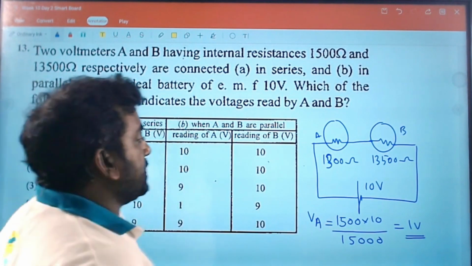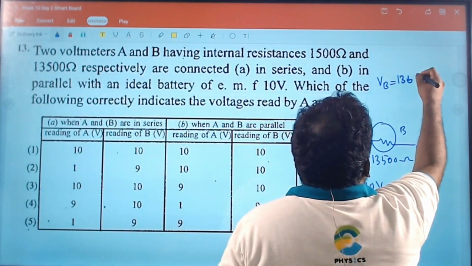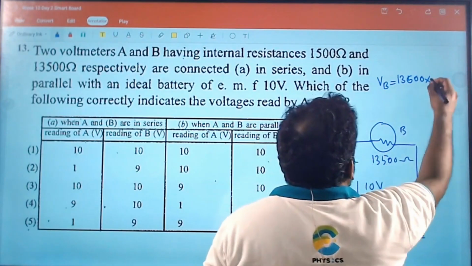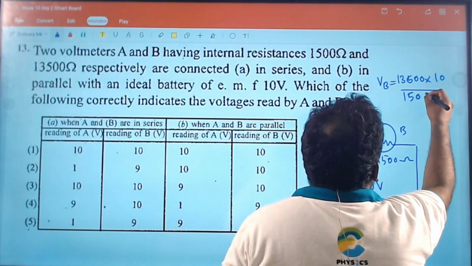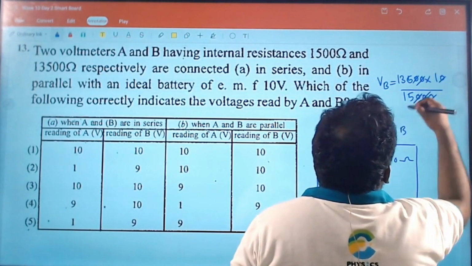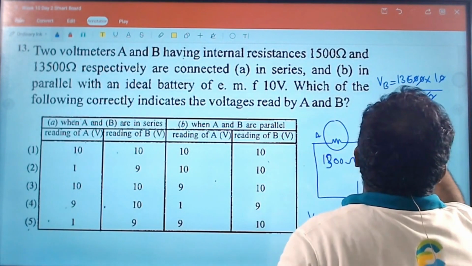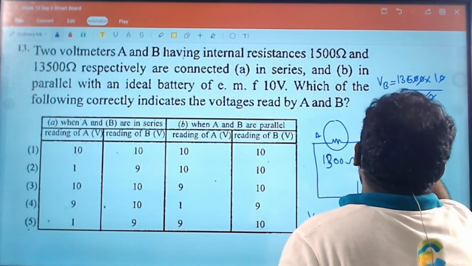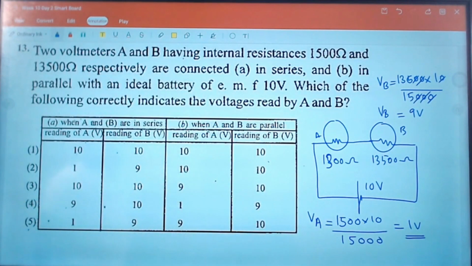What about the voltage across B? 13,500 times total voltage divided by the addition. 2 zeros, 2 zeros, 3 zeros. 9 volt. Series connection 1 and 9. 2 is correct, 5 is correct.